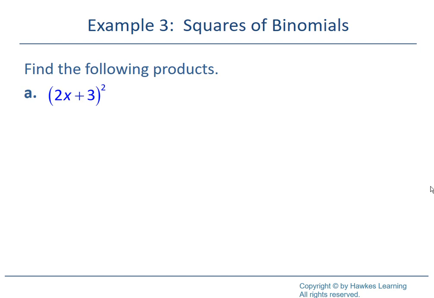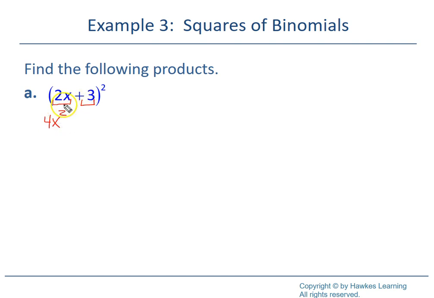So we want to square this. And by the way, this is a useful technique for something you're going to use in your next course. The special way to do this is you don't write it out twice. The rule is you're going to square this, which is 4x squared.